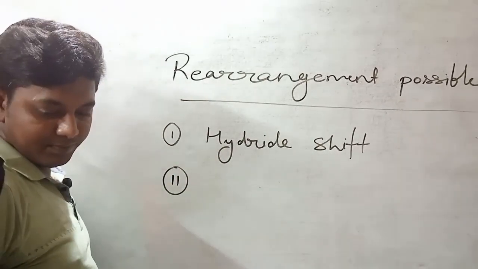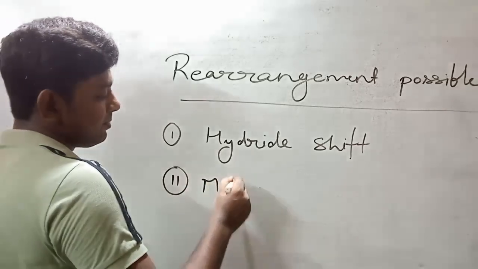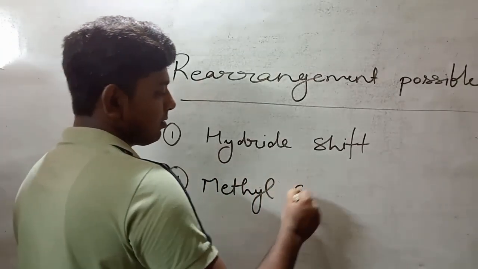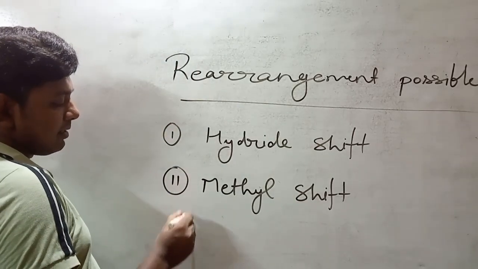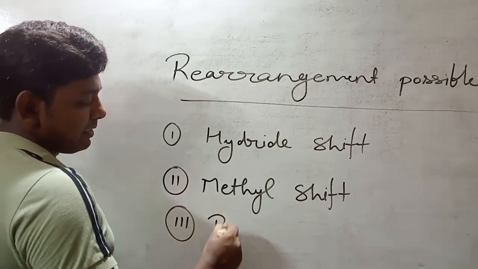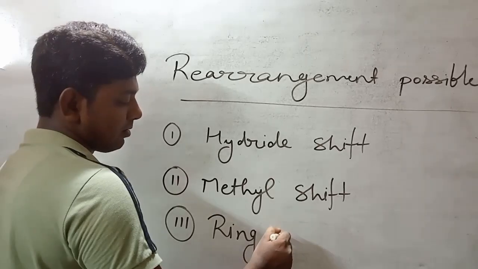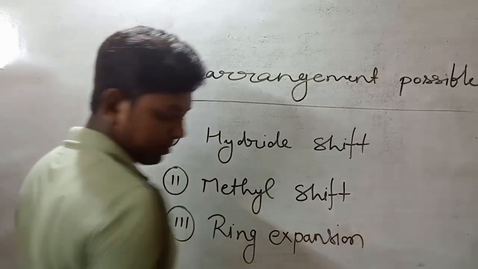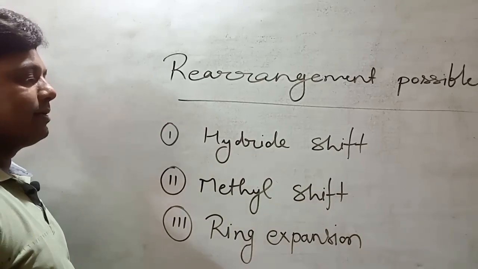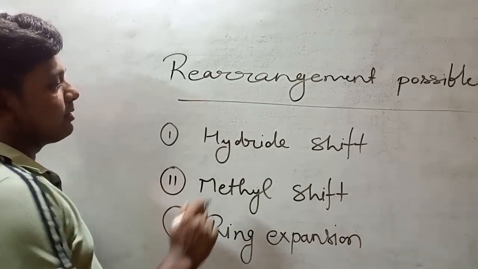Second is methyl shift. So the second rearrangement is methyl shift. And third, there is the possibility of ring expansion. So ring expansion is also allowed.